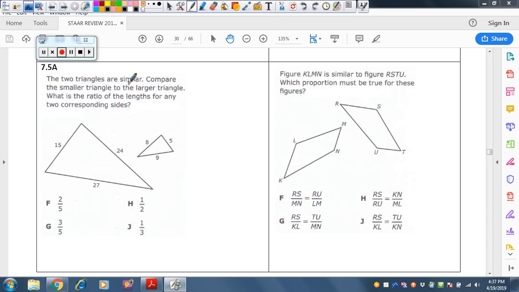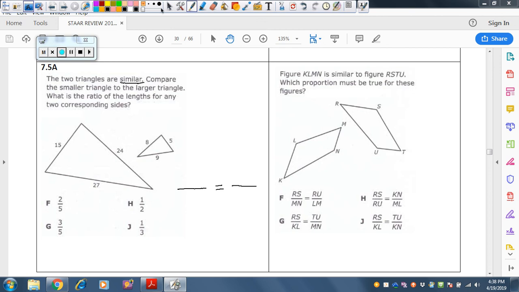It says the two triangles are similar. Similar is your word. It means you're going to set up a proportion probably. It says compare the smaller triangle to the larger triangle. What is the ratio of lengths for any two corresponding sides?